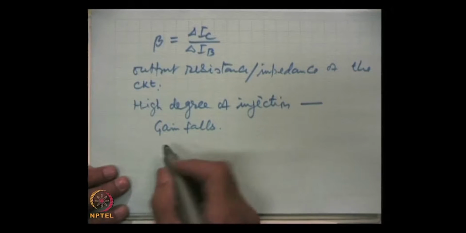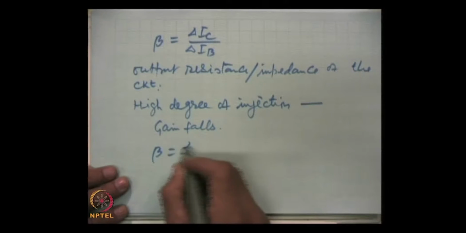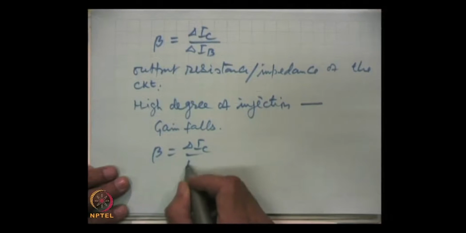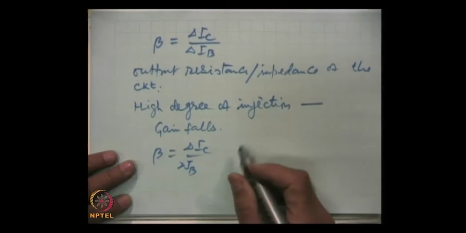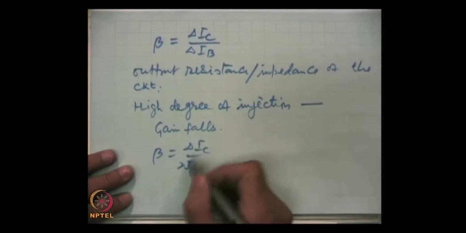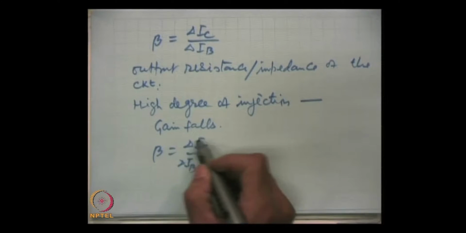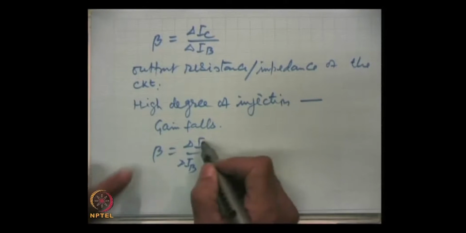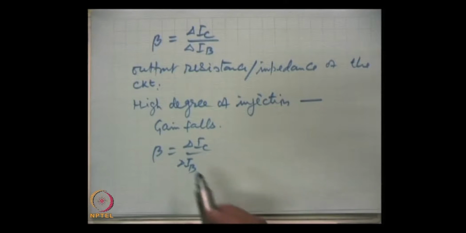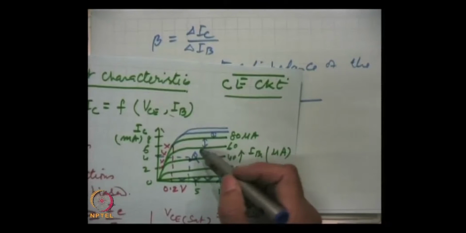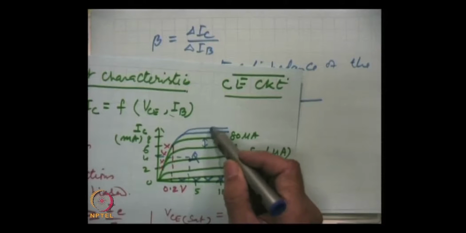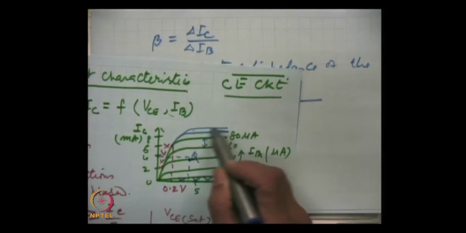Gain is, for example, beta, the change in IC by the change in IB. If this falls, the ratio will be less, and IC will not change correspondingly. Here the gain has fallen, so it is not as much as it was here because of high injection. So, the curves come closer.